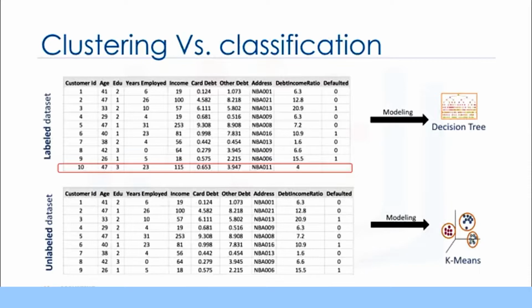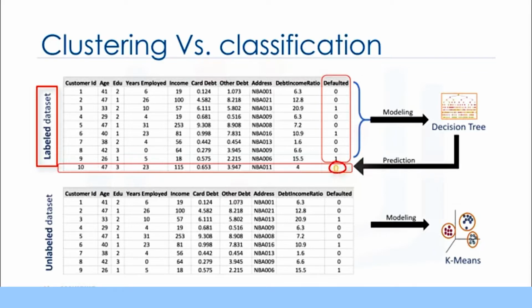Classification algorithms predict categorical class labels. This means assigning instances to predefined classes such as defaulted or non-defaulted. For example, if an analyst wants to analyze customer data in order to know which customers might default on their payments, she uses a labeled dataset as training data and uses classification approaches such as a decision tree, support vector machines or SVM, or logistic regression to predict the default value for a new or unknown customer.